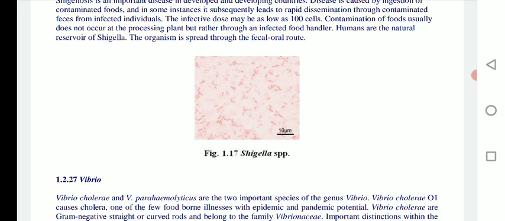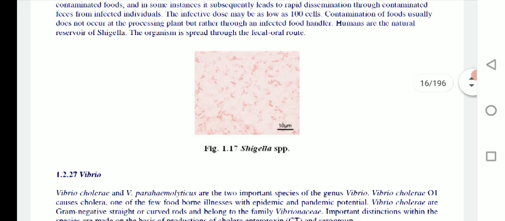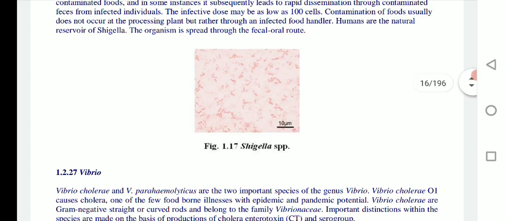So if fecal matter gets mixed in water, especially drinking water, the bacteria will enter that drinking water, and the chances of shigellosis are much higher.